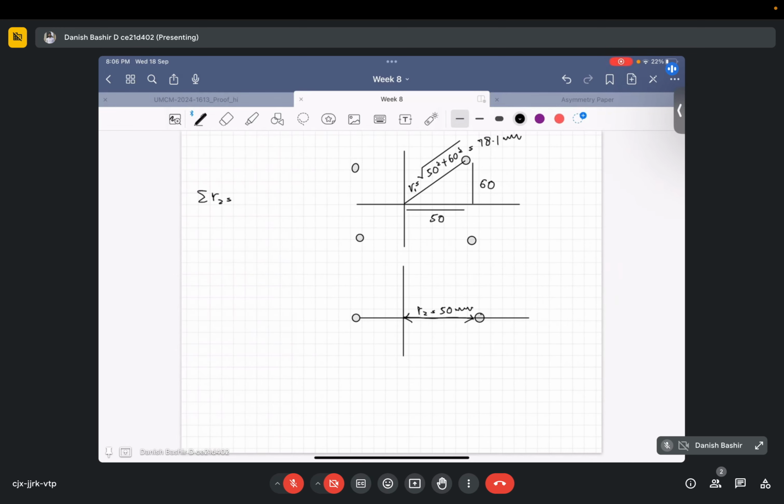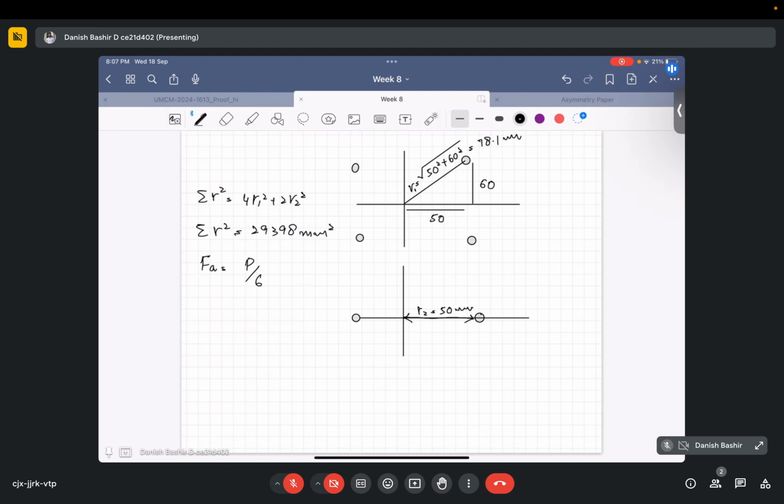So summation of r square comes out to be 4 r1 square plus 2 r2 square. If I put all the values, summation of r square comes out to be 29398 mm square. Also, the axial force on each bolt is P by 6 because the bolt number is 6.